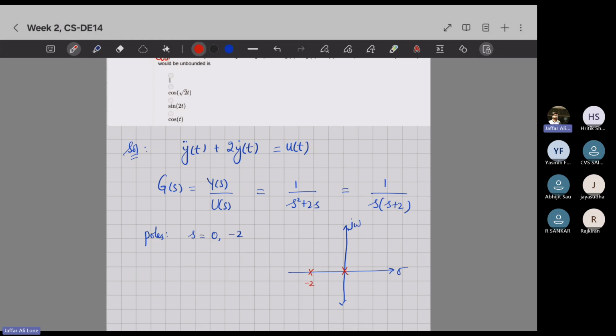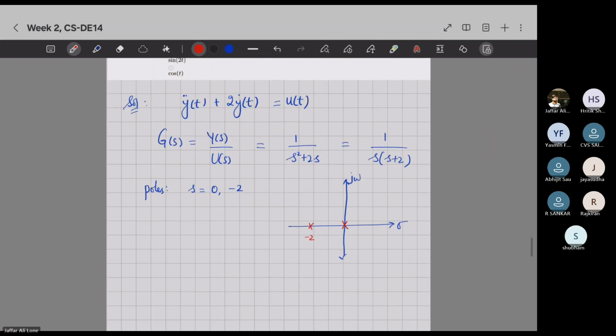Now I'll see by applying which input I get an extra pole at 0. Because here I have one pole which is on the imaginary axis, which is actually at 0. So by applying which input I get another pole at 0, that makes my repeated poles on the j omega axis, which eventually makes my system unstable, right?